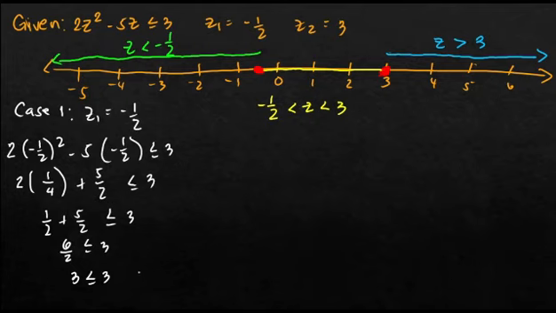So this is a true statement, since we have an equal sign, so it can be less than or equal to 3. So that is true. Next, we have case 2.